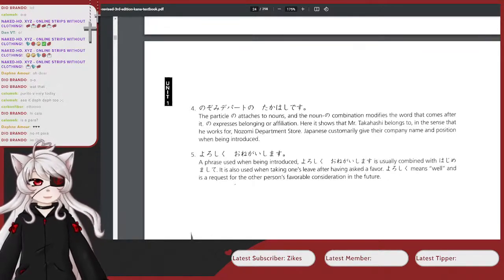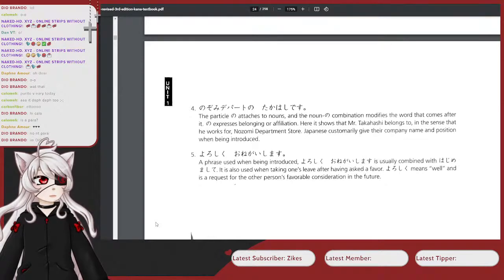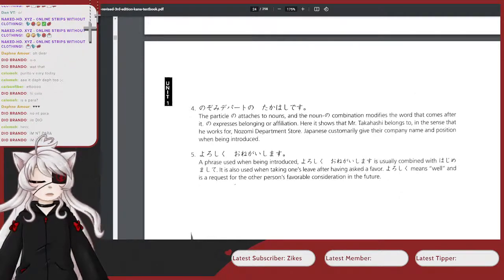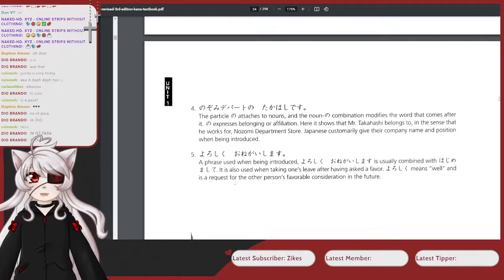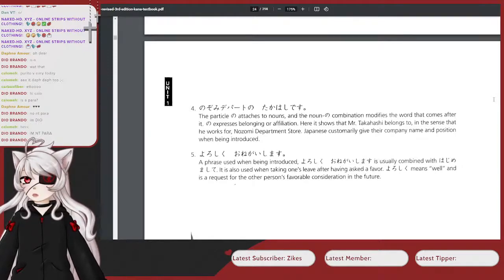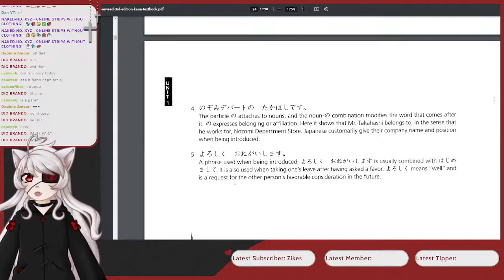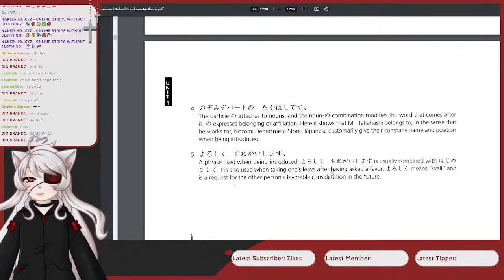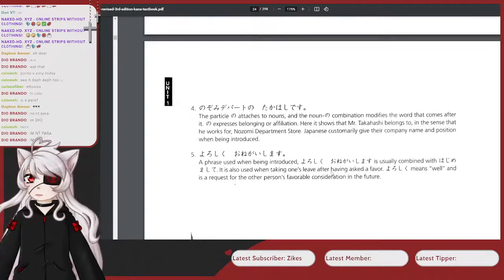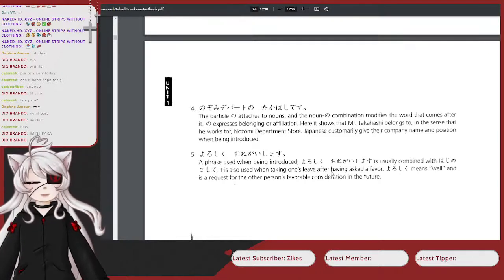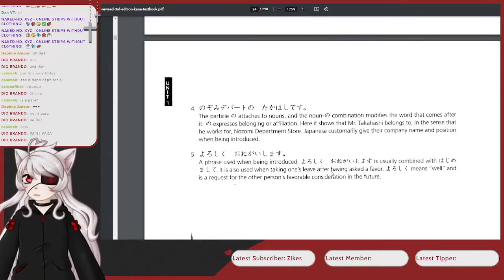Alright, what was I doing before? Wait, hold on. The name of that bot... Okay, listen, sorry for going off topic, but how does someone strip online without clothing? How do you strip without clothing? What are you stripping if you're not... Are you stripping off your skin?